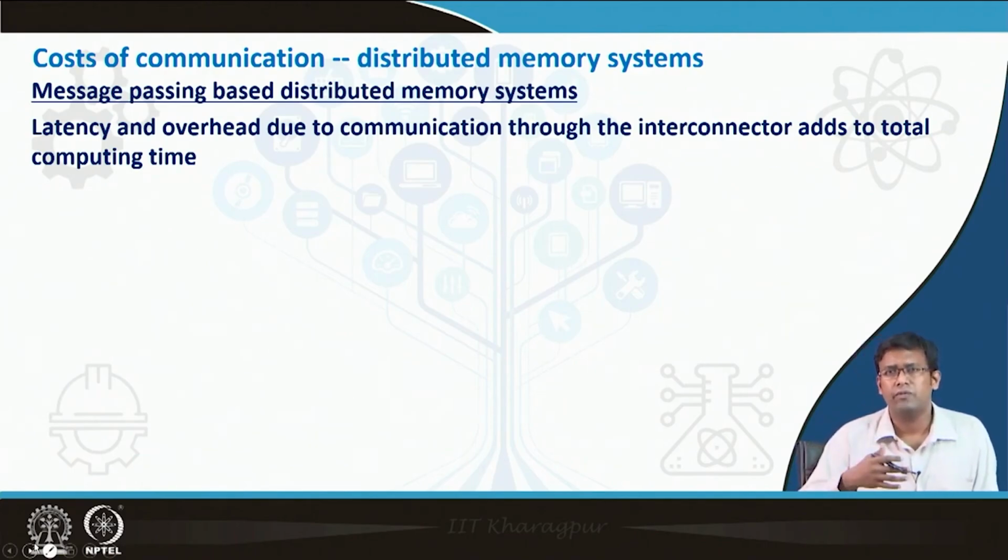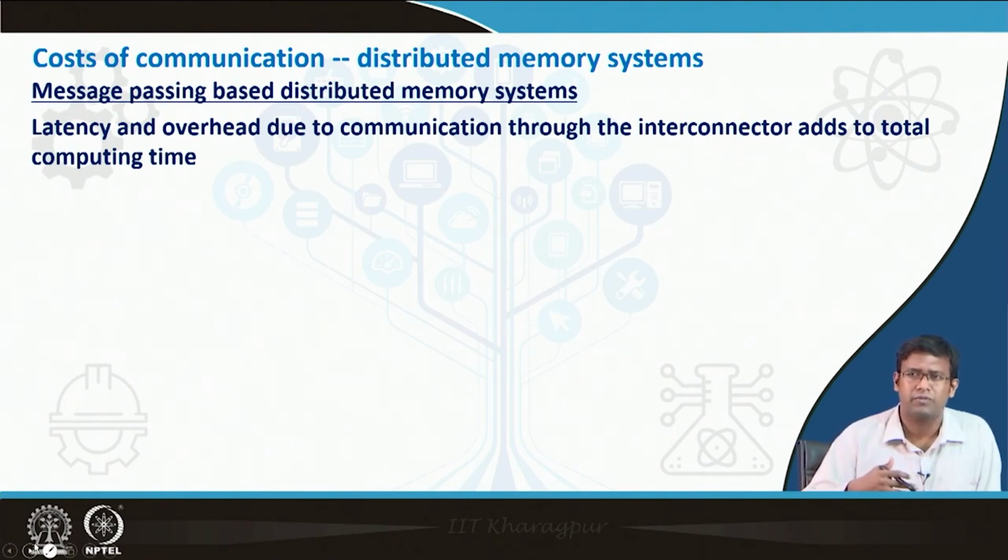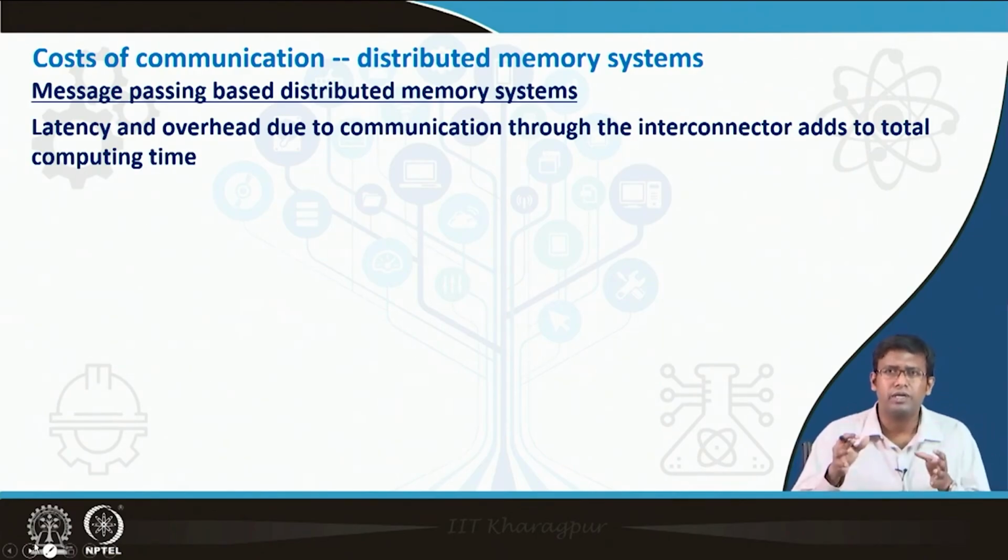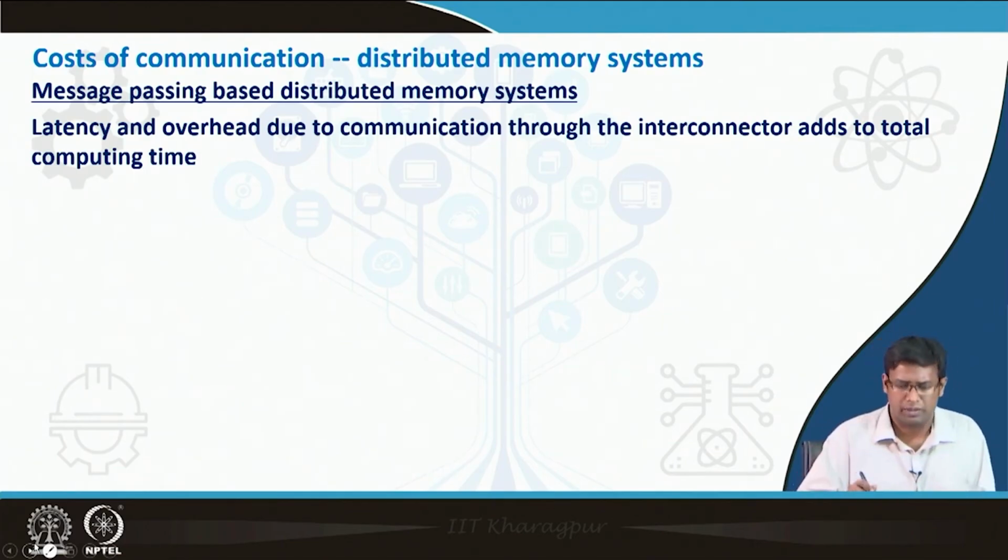Like we have seen for the sequential computer architecture with CPU and DRAM, that RAM's latency degrades the performance of the CPU. Similarly, when computers are connected through an interconnection network switch and communicating with each other, the communication time adds up to the computation time, and the computing time increases.